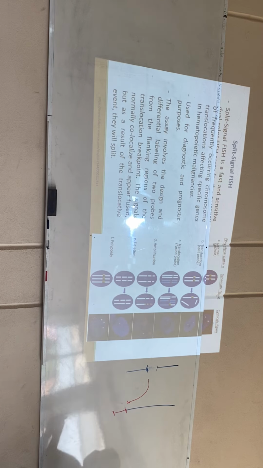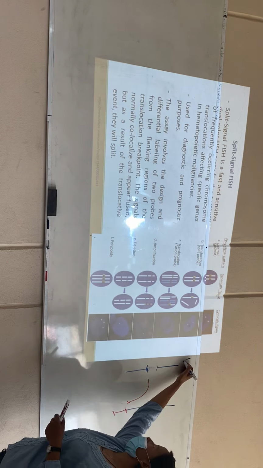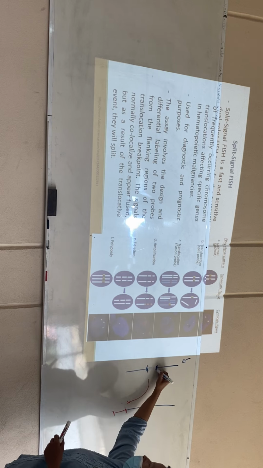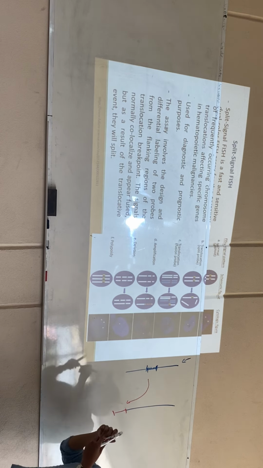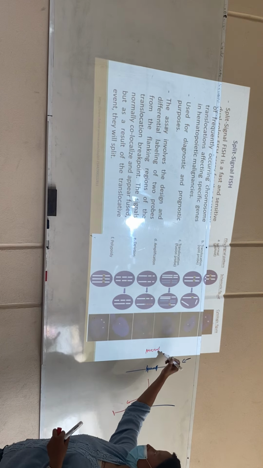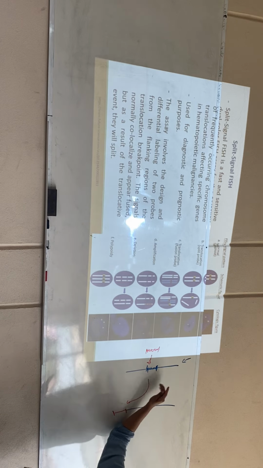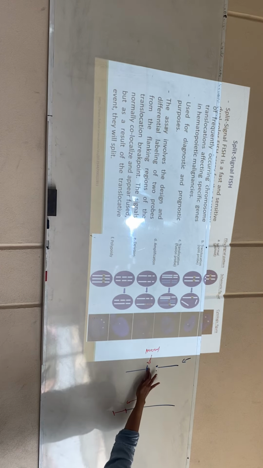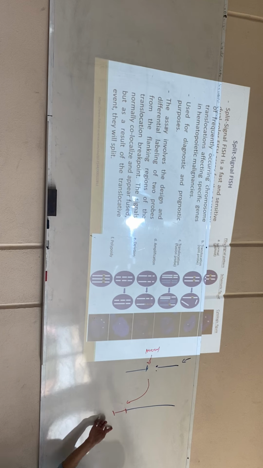However, if I want to detect this region, I will design a probe against that region, right? But what is going to happen if this portion is already translocated to another position?